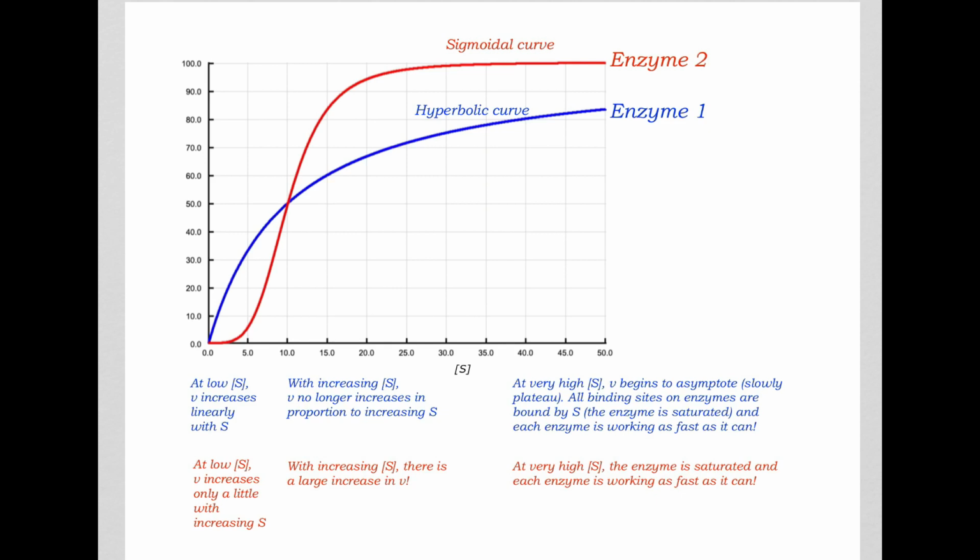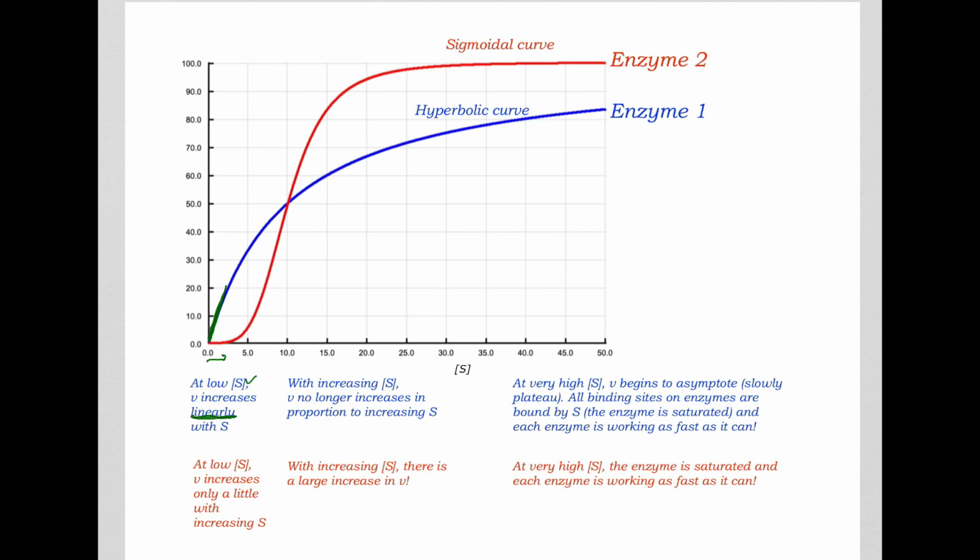Let's look at first at a low substrate concentration. When the substrate concentration is very low, you can see for the hyperbolic curve, the velocity increases with the substrate concentration, and this increase is almost linear. So there's a linear increase of initial velocity as the substrate concentration increases for the hyperbolic curve.